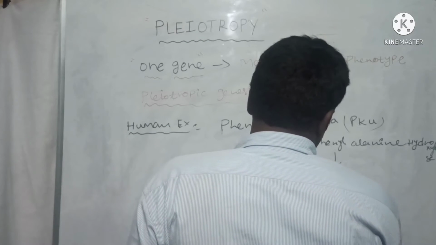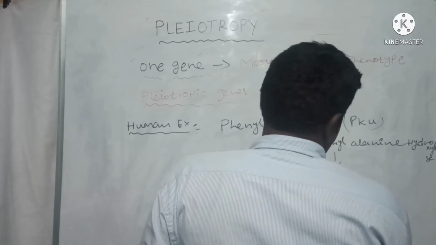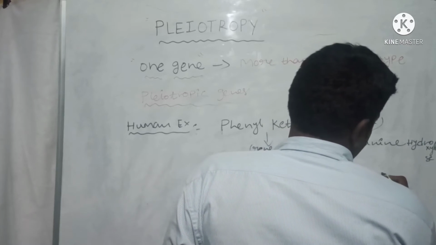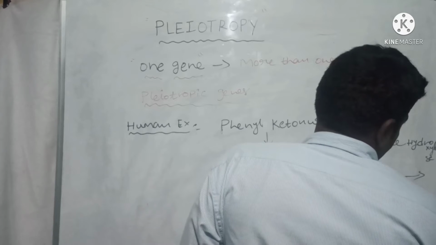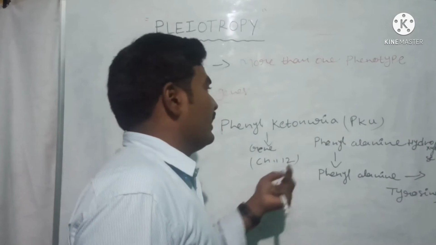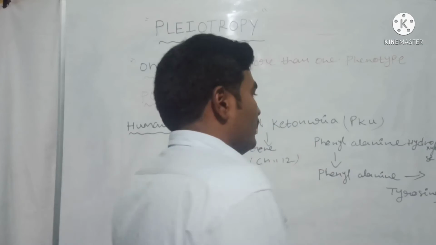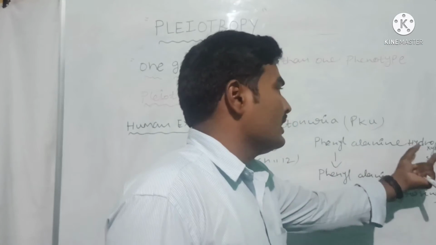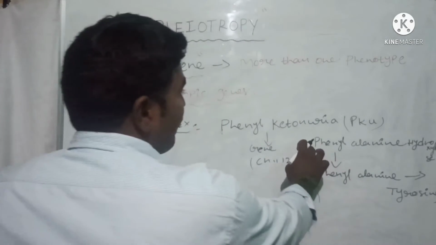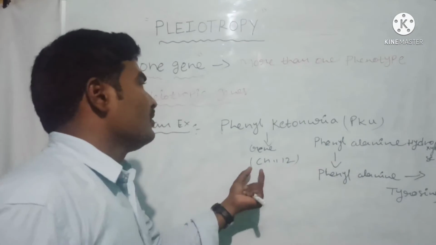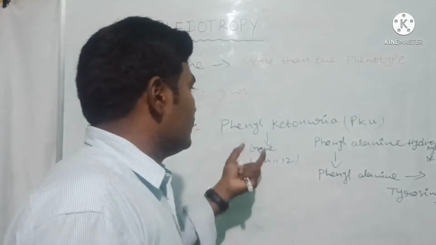The function of this enzyme is to convert phenylalanine into tyrosine. With the presence of the enzyme, from chromosome number 12, phenylalanine is converted into tyrosine. Humans get the phenylketonuria disease through mutation of this gene.